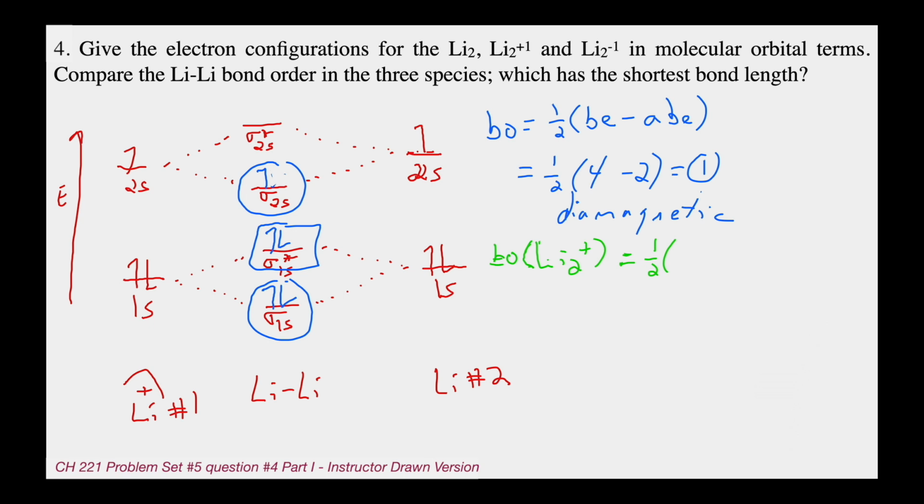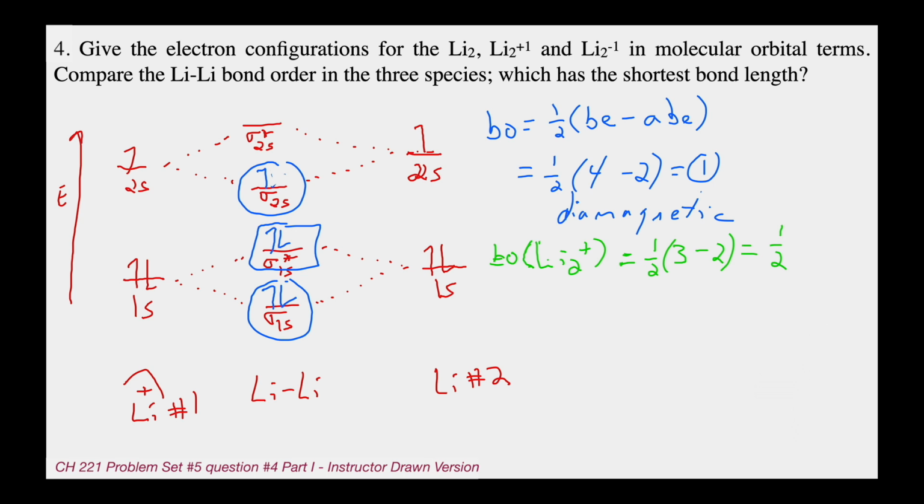Well, I had to take out one of the bonding sigma 2s electrons, so now I have 3 bonding electrons, 2 antibonding electrons, bond order 1/2 for Li2 plus. And that is actually a legit molecule. Li2 plus is not as strong as Li2. The bond order is smaller than the bond order for neutral Li2, but it is a molecule that exists.